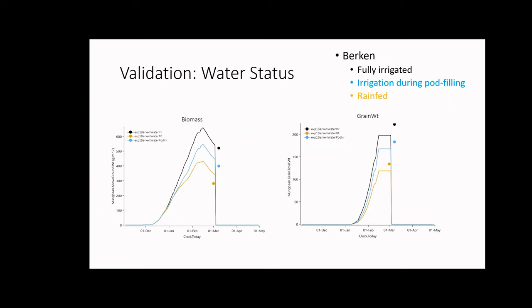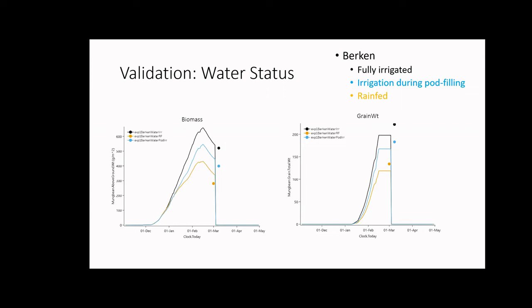This is an example of one of the simulations we did. We also did targeted irrigation during the vegetative and grain filling stages to make sure that what we were capturing was really just happening during pod filling. And we were right. And we see that with the yellow, that's our rain-fed. The blue is the targeted irrigation, and the black is our fully irrigated.